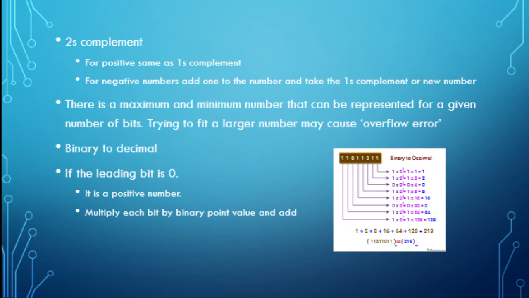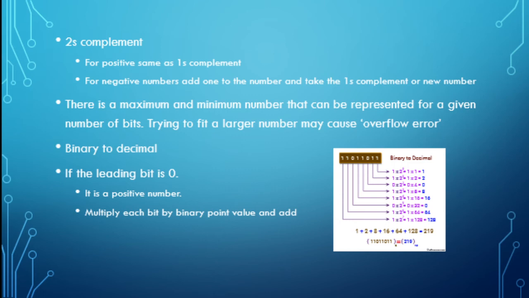This can happen when you try to add numbers or to multiply numbers. Your starting numbers may be able to fit in 4 bits, but your result may need 5 bits to store. So it is important to know the limits of the different bit sizes and different number formats.